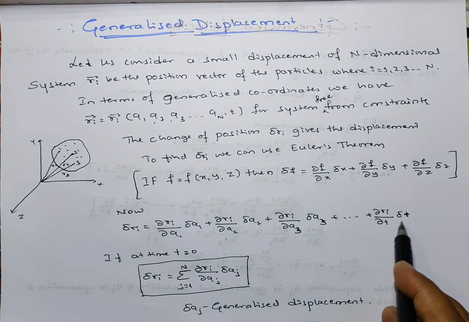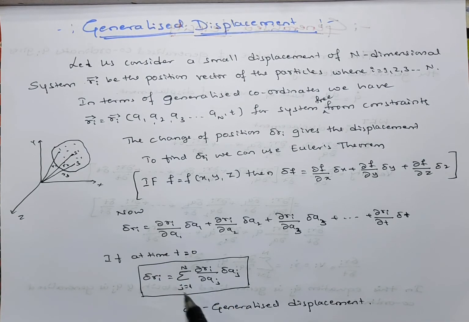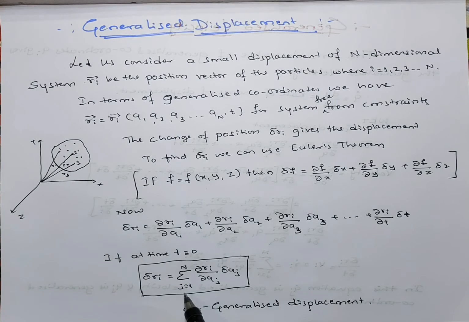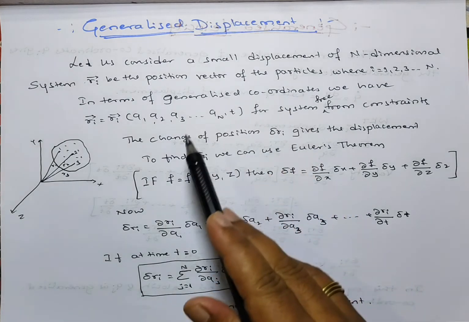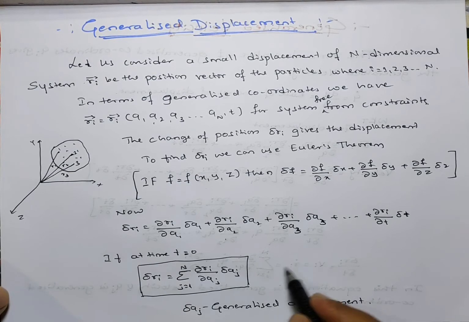If time is 0, then del ri is equal to the summation over j from 1 to n of dou ri by dou qj into del qj. Here j is 1 to n, and del qj is nothing but the generalized displacement, right? This is all about the generalized displacement. Next one is the generalized velocity. We need to remember this one.